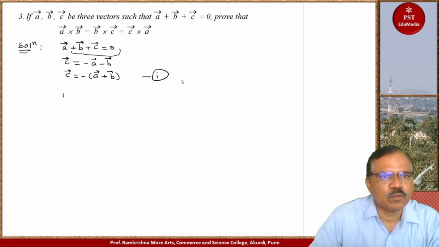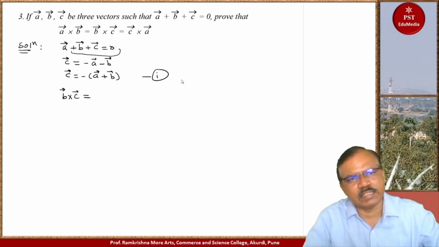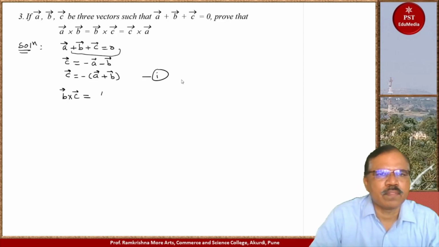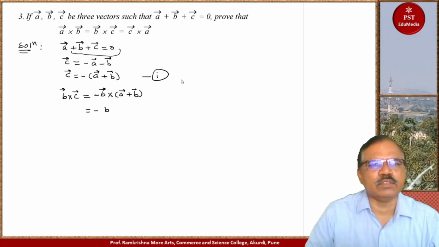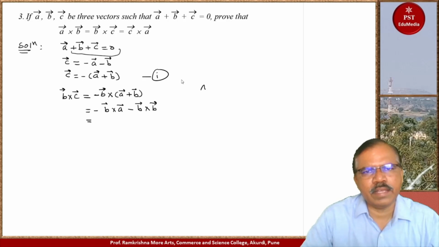Now let us take B cross C. Suppose we take the cross product of B with vector C. So here B cross A plus B, with a minus sign, because C is equal to minus in bracket A plus B. So now we can write this as minus B cross A minus B cross B. Now we know the cross product of two similar vectors is 0.